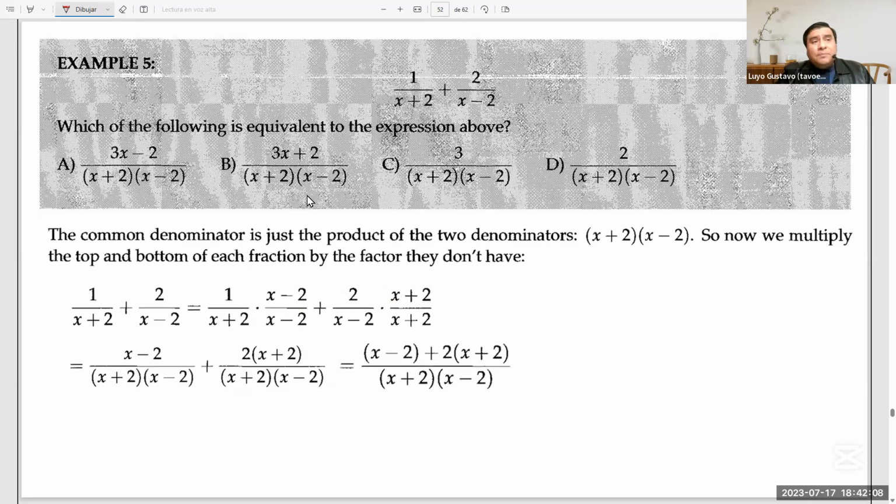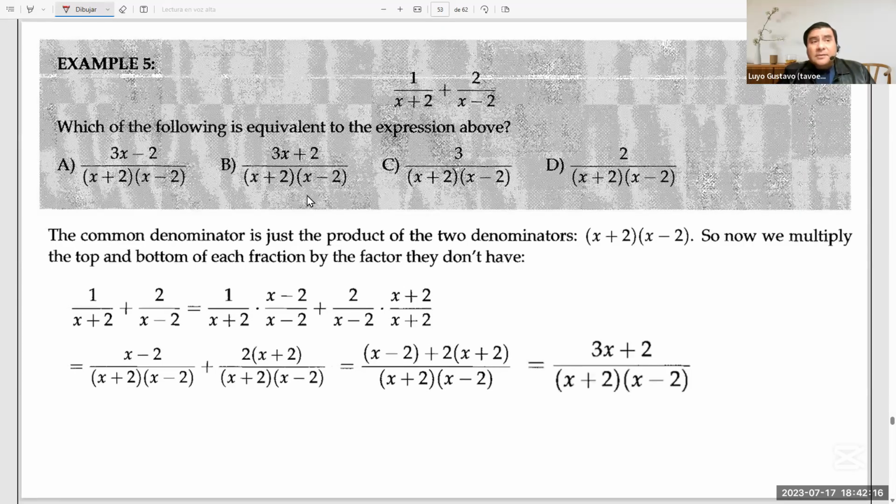x minus 2 plus 2 times x plus 2. You can open the parentheses in the numerator in order to simplify the like terms. So x minus 2 plus 2x plus 4, this is what you get here, right? From this, eliminate the parentheses, and you get this.